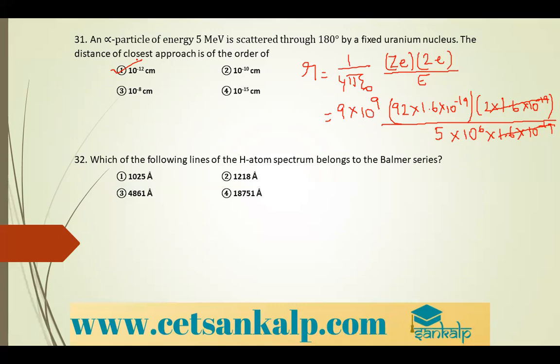The visible region is from 4000 Angstrom to 7000 Angstrom, so the wavelength will lie between 4000 and 7000. The right answer is option 3. Option 3.